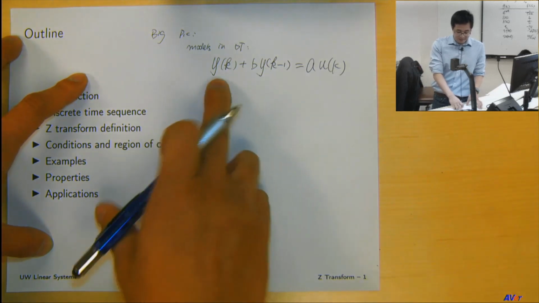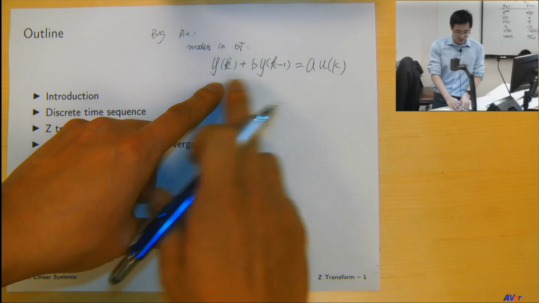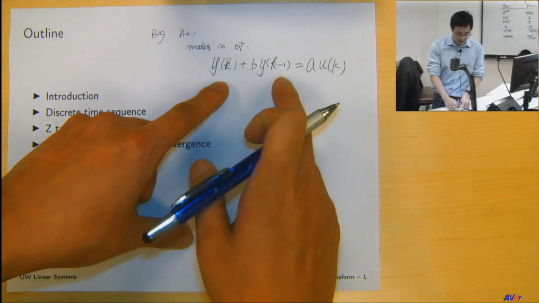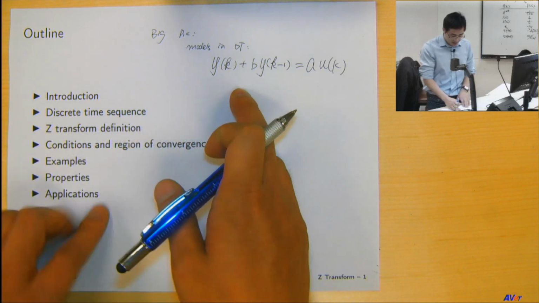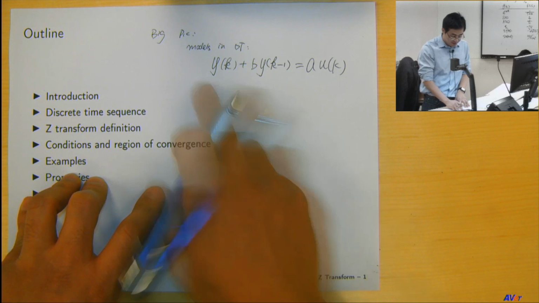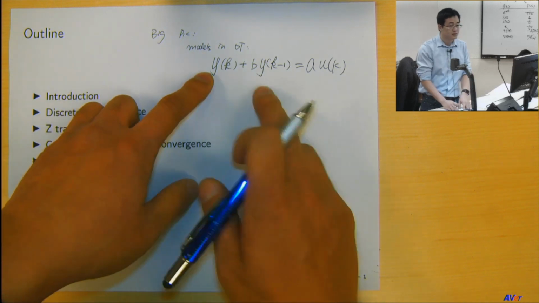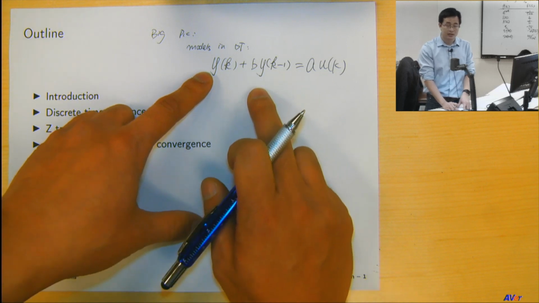In discrete time, there are these discrete time instances where we analyze the relationship between the input and output. This is easy enough to solve, actually. But if I have a lot of terms in this model, then the solution becomes not so easy.